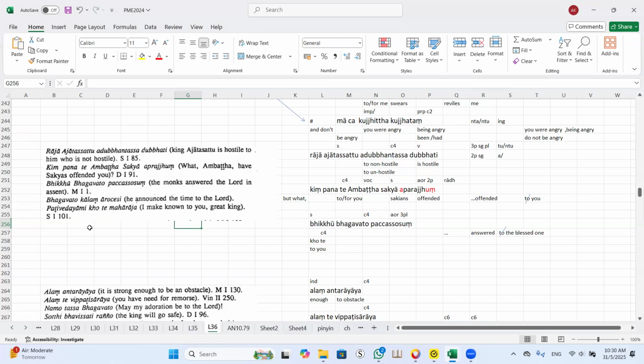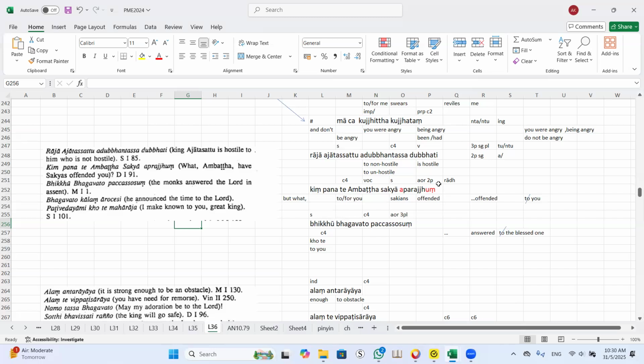This one no poem. Okay. Kimpana. Kimpanate ambate sakya. This is aparajum. You can see here. All right, here, I think there's a missing A here. So I put the A here, because the A here is at least second person.